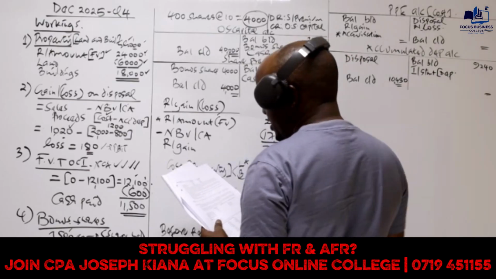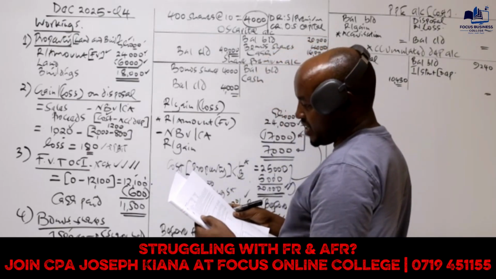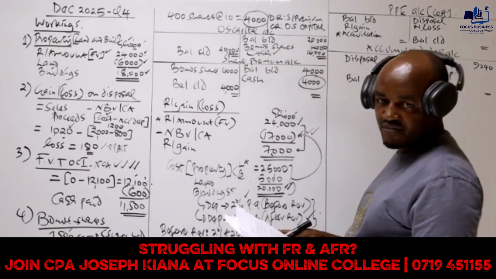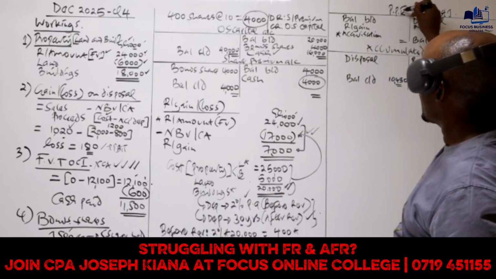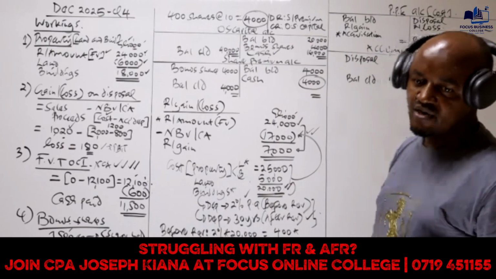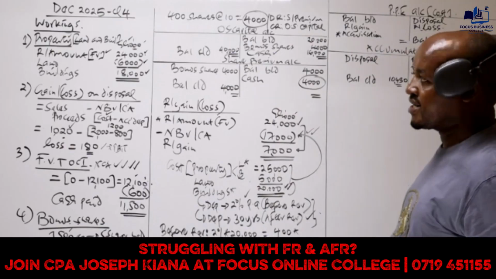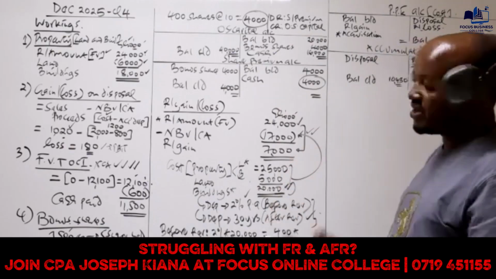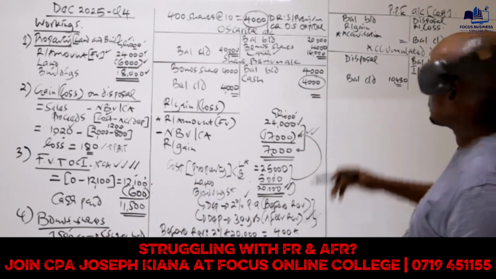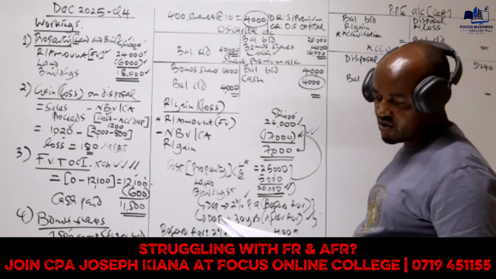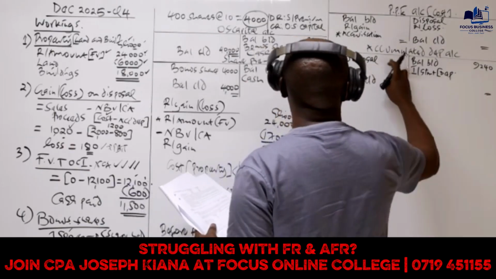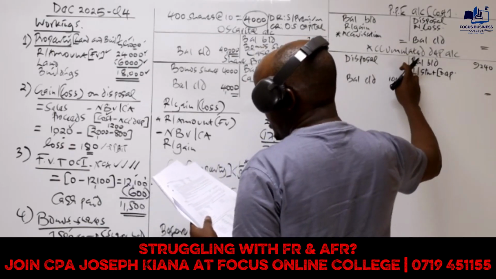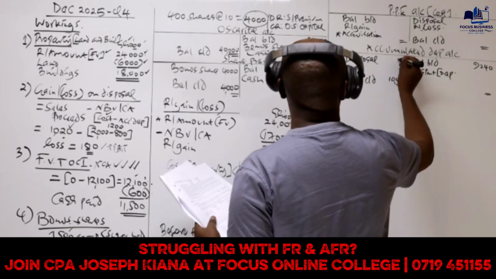Then if you go to note number 3, the motor vehicle which was disposed, remember motor vehicle is part of the PP, because property, plant and equipment include all tangible non-current assets, including buildings, land, motor vehicles, all of them. So for the motor vehicle which was disposed in note number 4, we need to record its accumulated depreciation here. Its accumulated depreciation is 800.